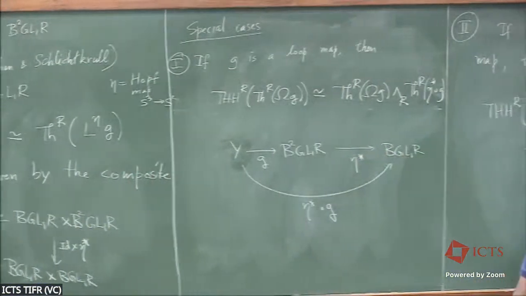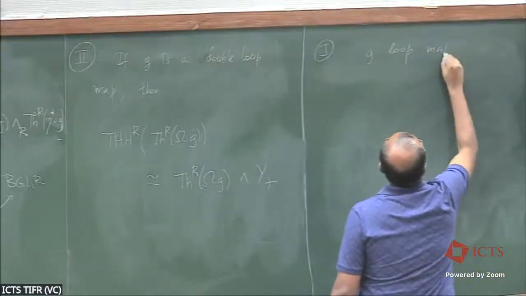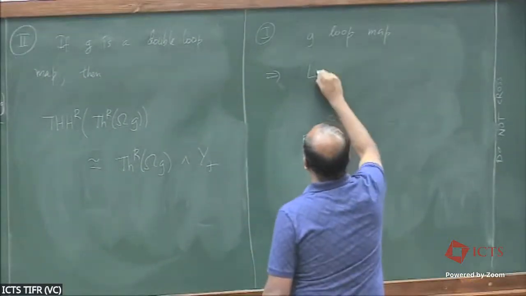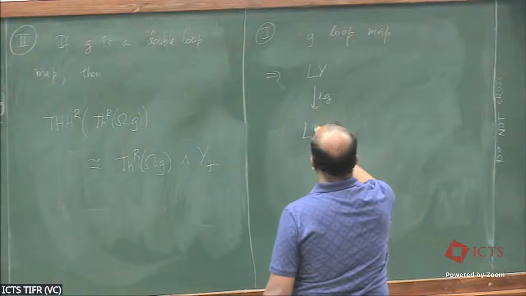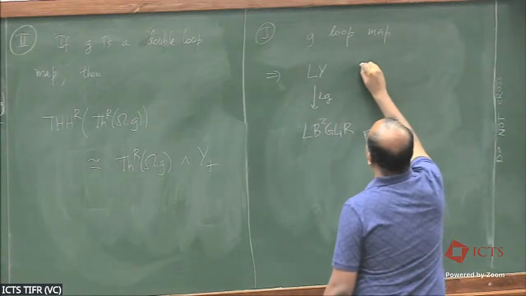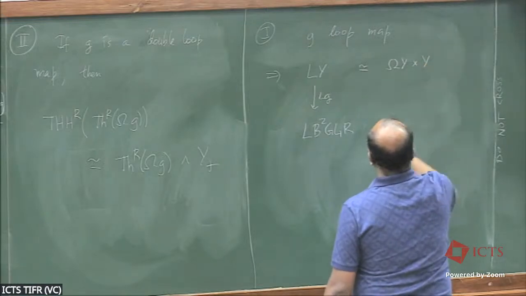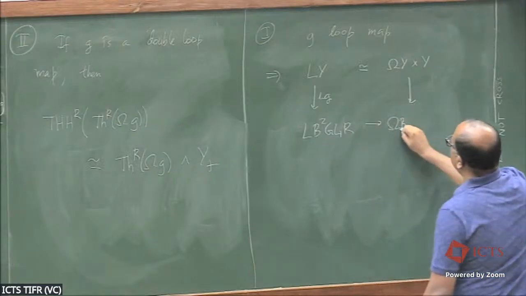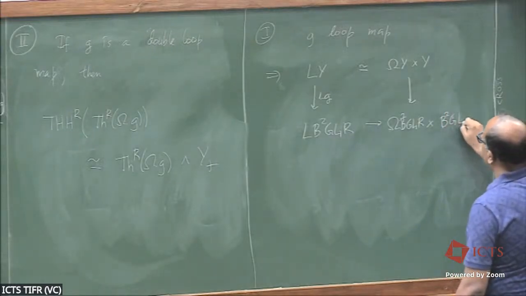So if G is a loop map, this implies that I can actually write the following. This is LG, the map induced by G on free loop spaces, but now this is going to commute with this omega B squared GL1R cross B squared GL1R.